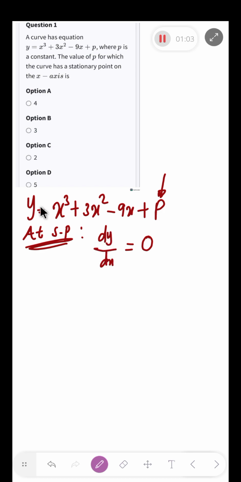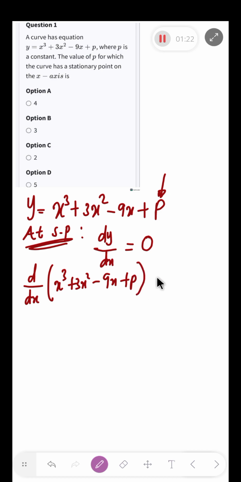Since y is equal to this expression, if I differentiate it, that is d/dx of x cubed plus 3x squared minus 9x plus p equals 0. This is the expression for y given with respect to x.